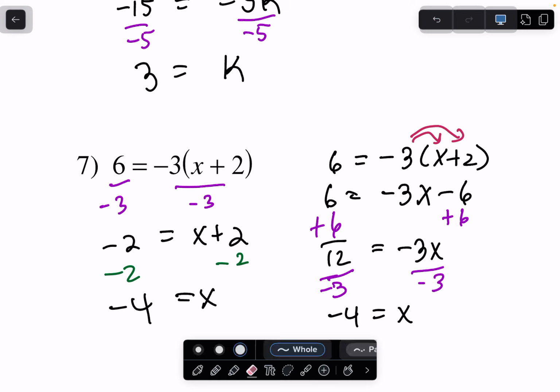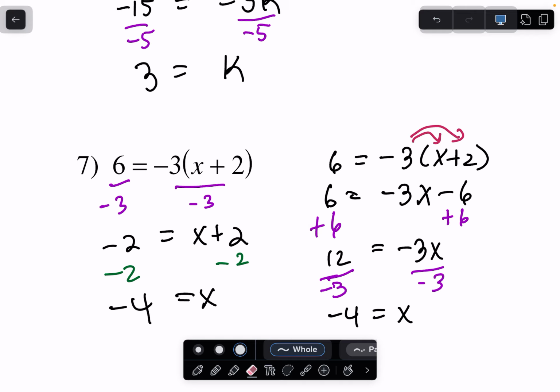Okay? So it is up to you which technique you decided to go with. You could divide off the negative 3 first. If it's not divisible, I don't do that. Like if we had the number 7 on the other side, which isn't divisible nicely by 3, I wouldn't do that. I'd use the distributive property. But if it's divisible, why not get rid of it?